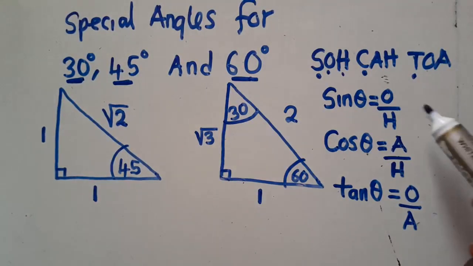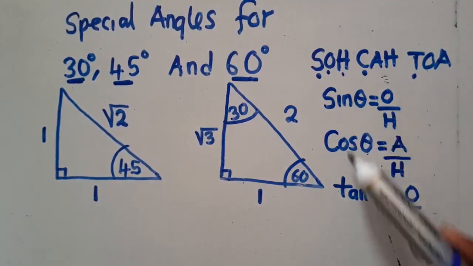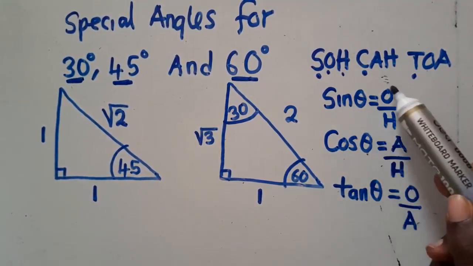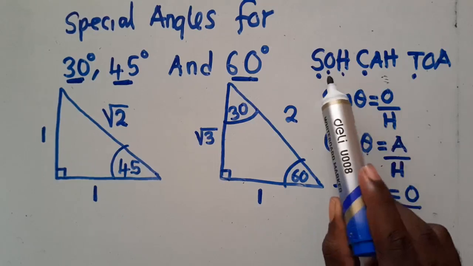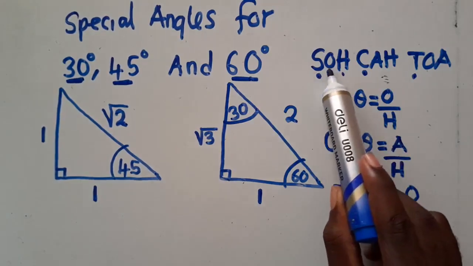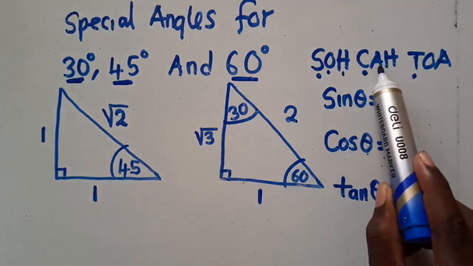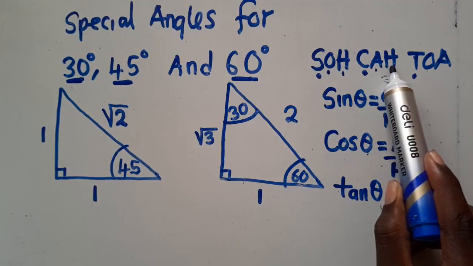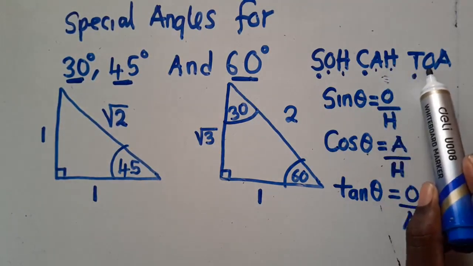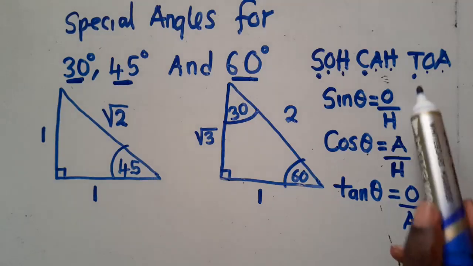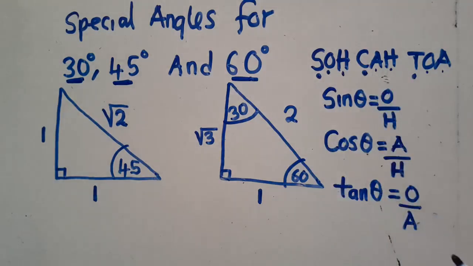So when we say SOHCAHTOA, this is what we mean: sine is equal to opposite over hypotenuse, cos is equal to adjacent over hypotenuse, tan is equal to opposite over adjacent. As simple as this.